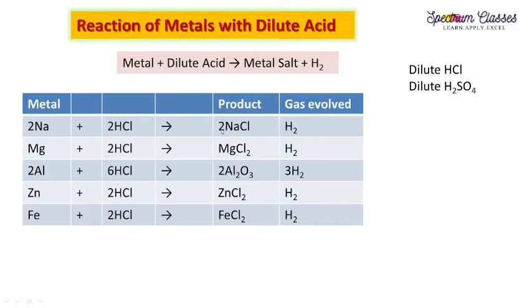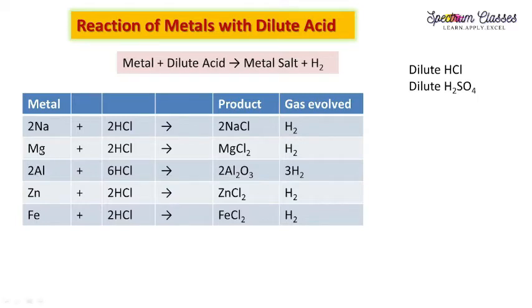So 2Cl, now it is balanced. We have an imbalanced reaction because we have one sodium, so 2 sodium is required. Here you have to multiply sodium by 2. In this manner, you can balance your reaction. If you practice again and again, then you will be perfect at balancing and writing all these reactions.